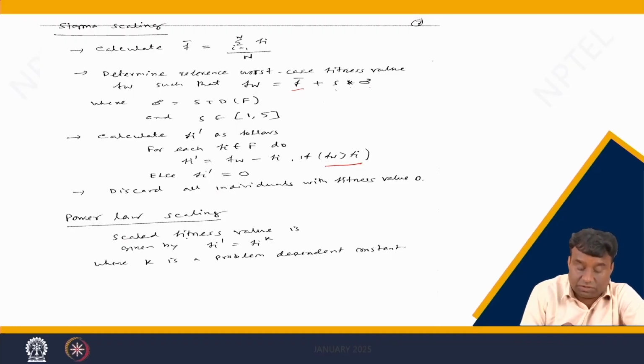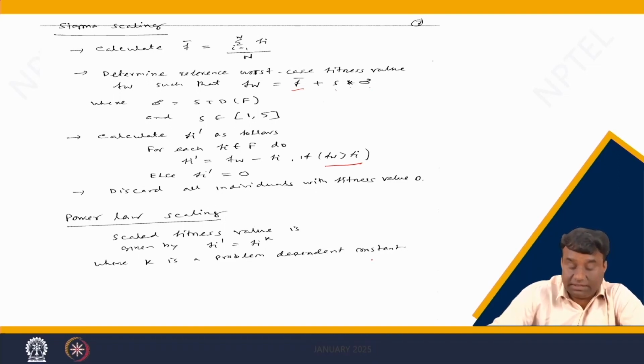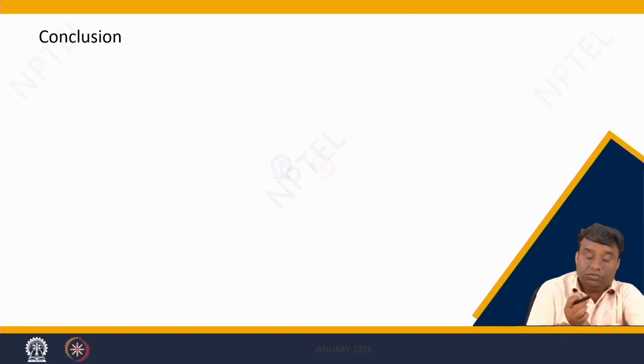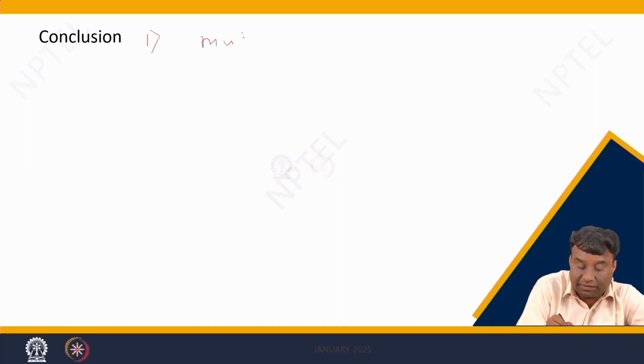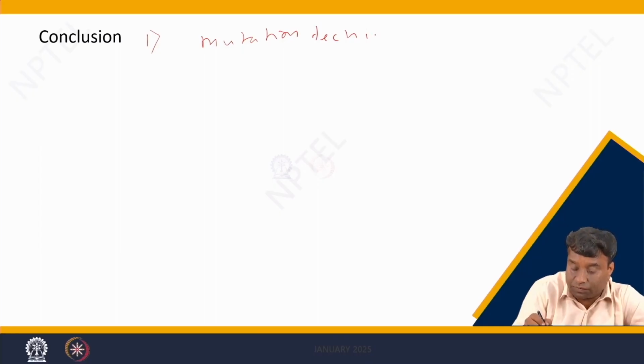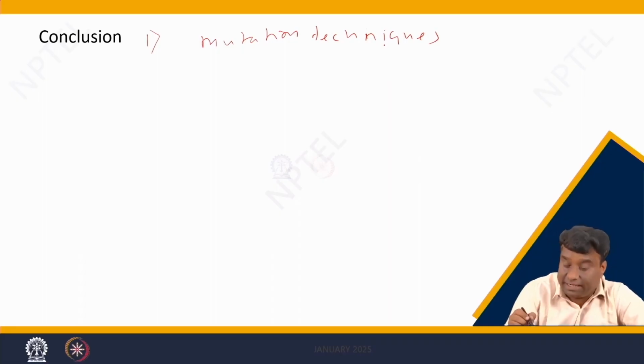Now power law scaling. Scale the fitness value as Fi dash equal to Fi to the power k, where k is a problem dependent constant. So these are the techniques of the scaling strategy. Now, in conclusion, in this class we have discussed mutation techniques for binary encoded, for real encoded and for order encoded.